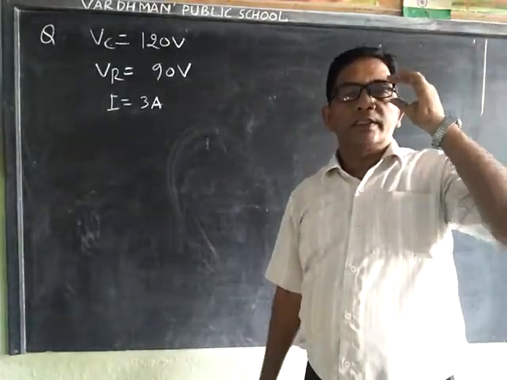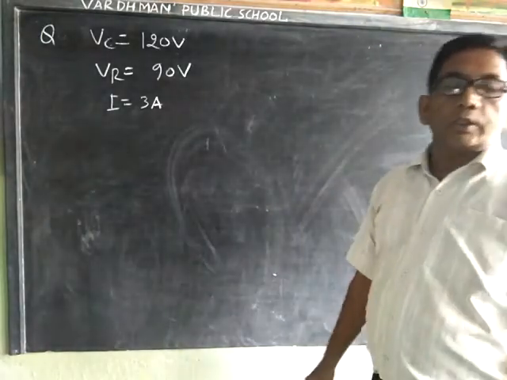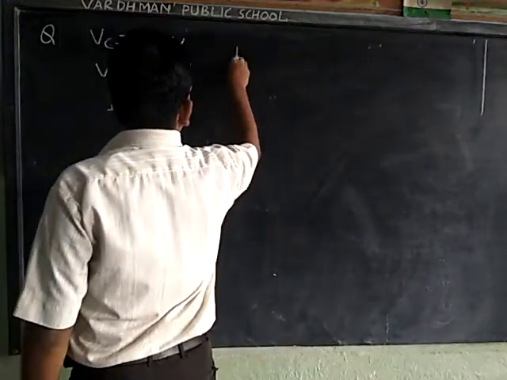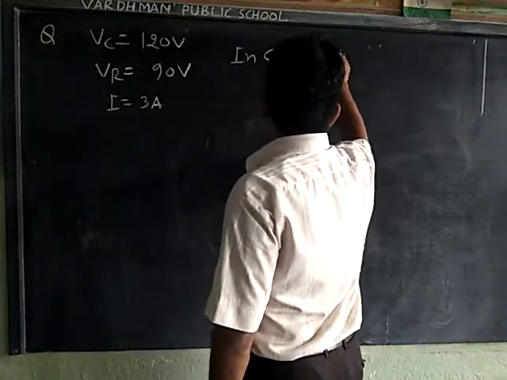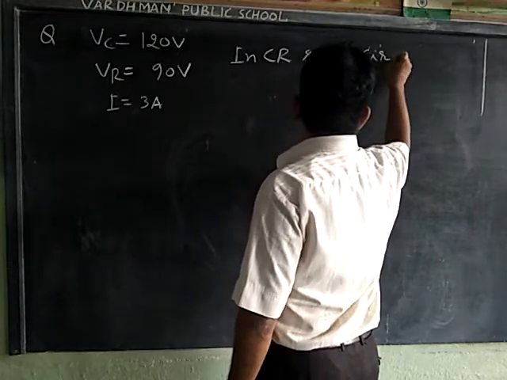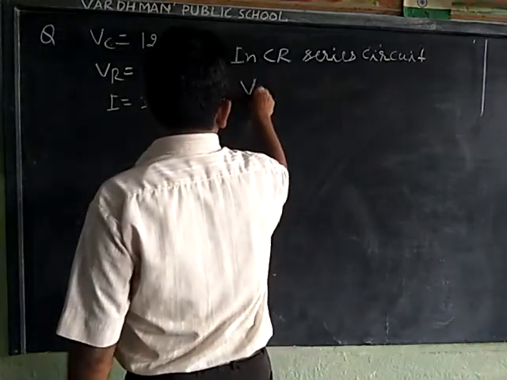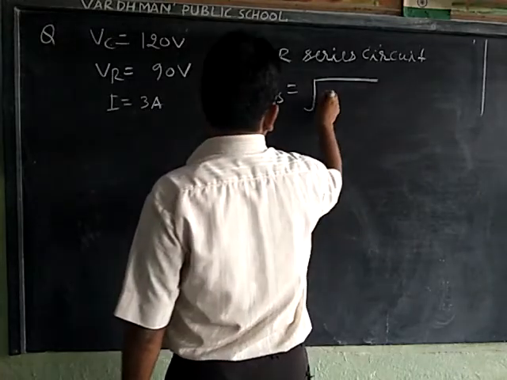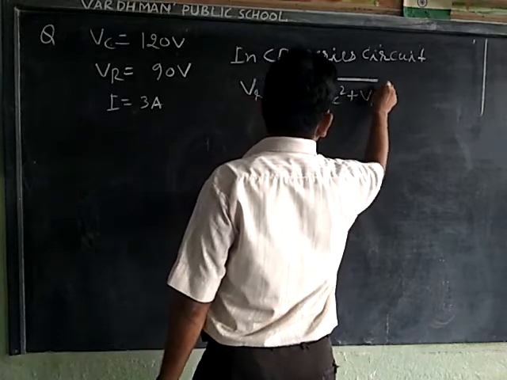First, in a CR series AC circuit, VRMS is equal to under root VC square plus VR square.